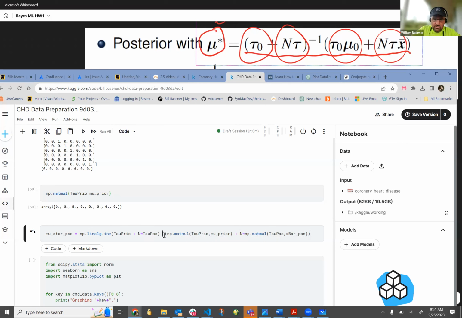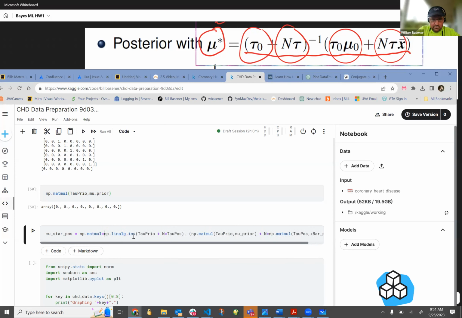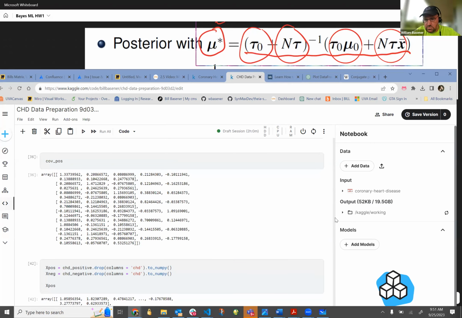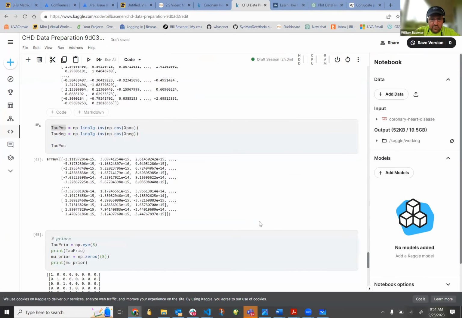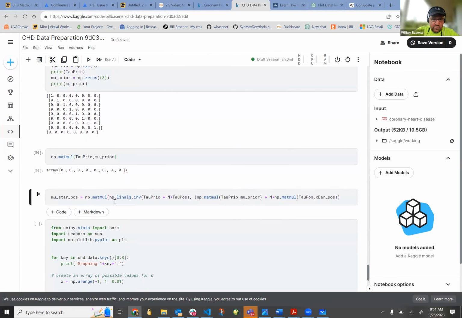So what we want to do is a matrix multiplication on this full thing. Let me maximize this so we can see the full formula. It's matrix multiplication: this is that first piece, this is that second piece in parentheses. I think that should do it. So this is our mu star positive.